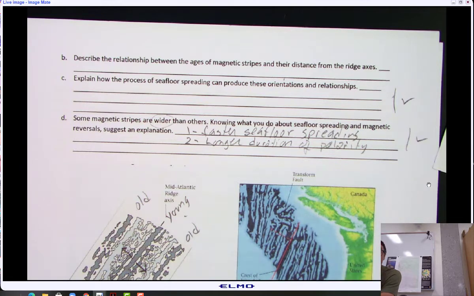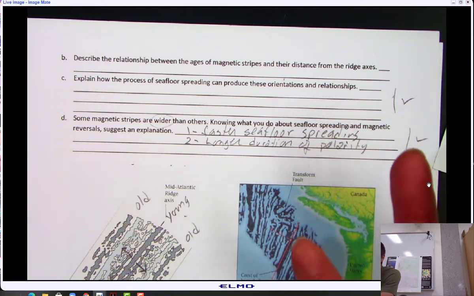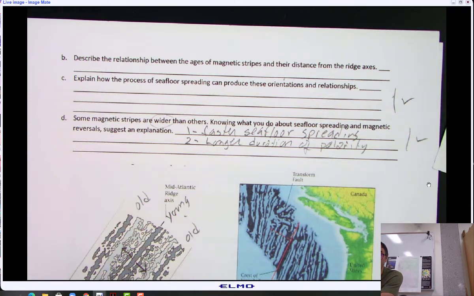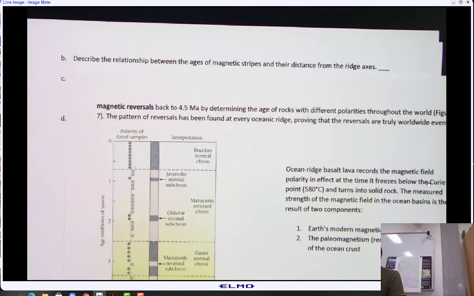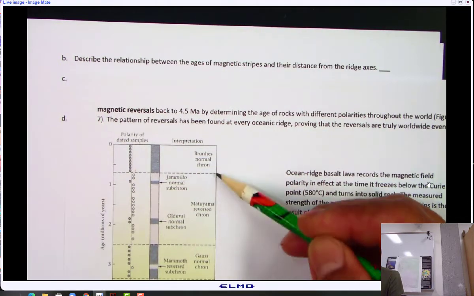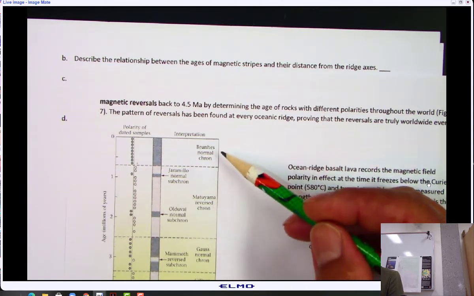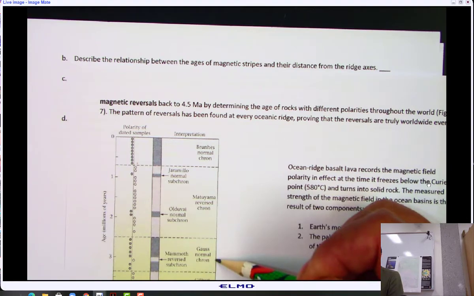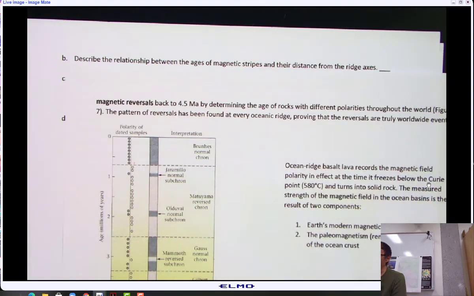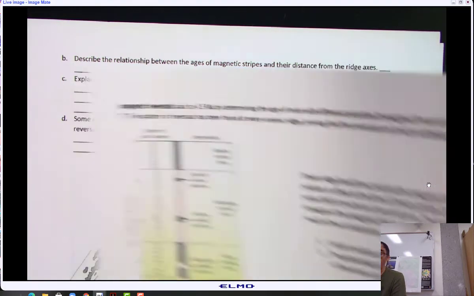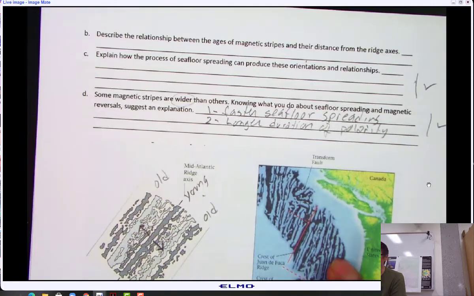We don't know exactly how often they occur. On average, it's 500,000 to 700,000 years, but some can take much longer, some can be much shorter. And that's a testament to what we're seeing here. You can see that this Matuyama Chron was a much longer duration than the Gauss down here. That's a short one.